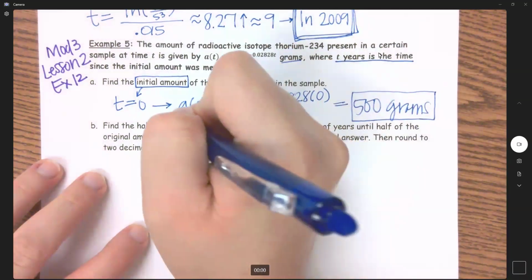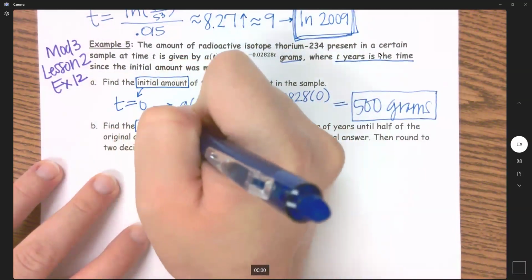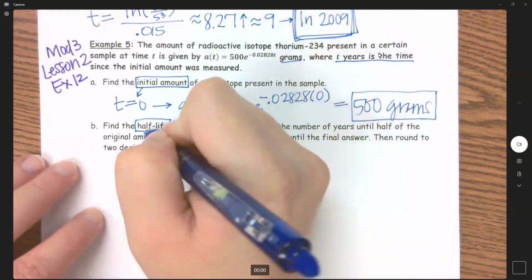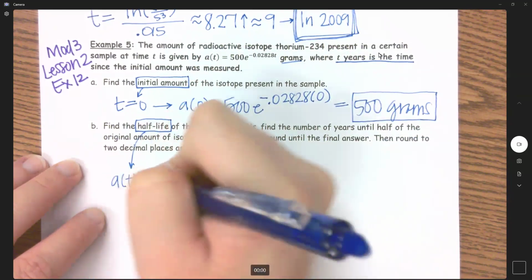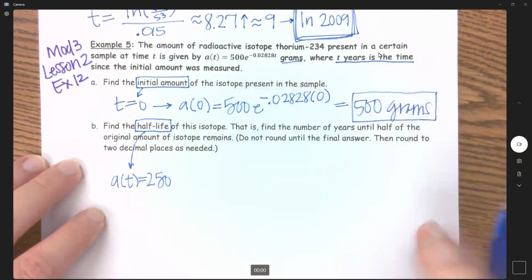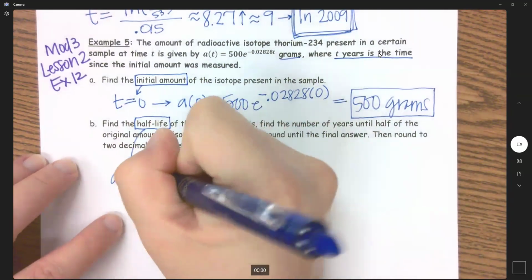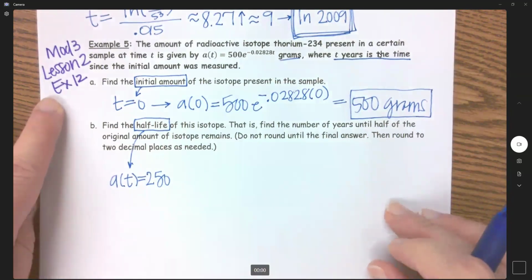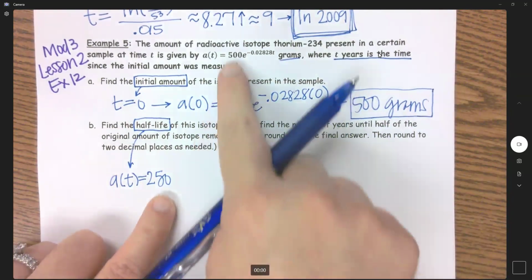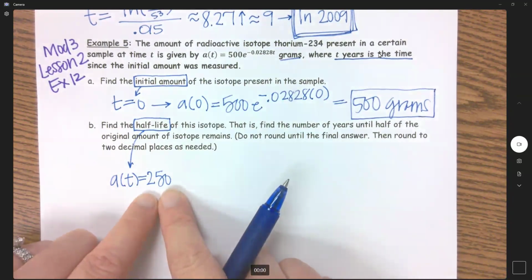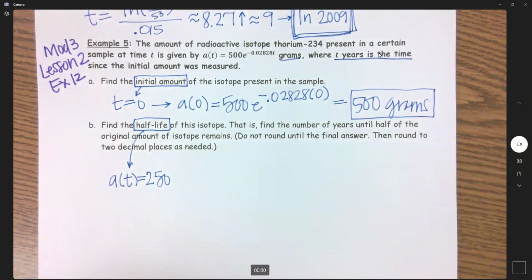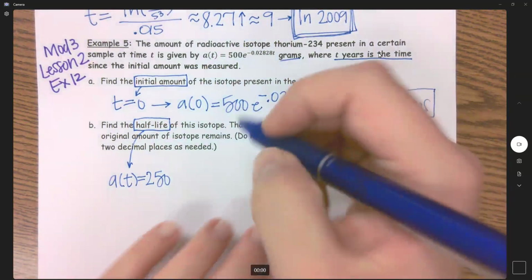So at my half-life here means that my A of t is 250. When we solved this 2 lessons ago, we did our equation as our y1, this is our y2, and found the intersection. But now we know how to solve exponential equations, so we can do this one by hand.